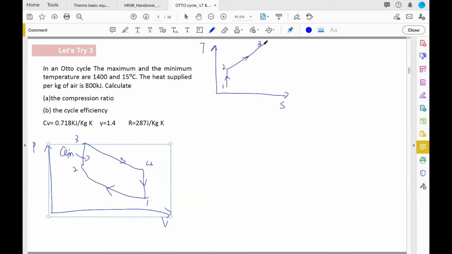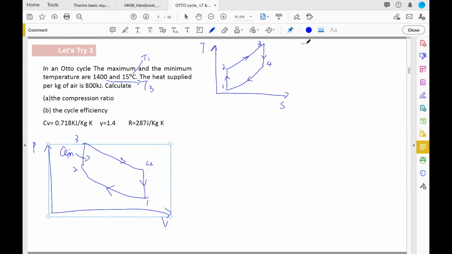And then after that, 3 to 4 is isentropic expansion, so constant entropy, and then it goes back to the original point.